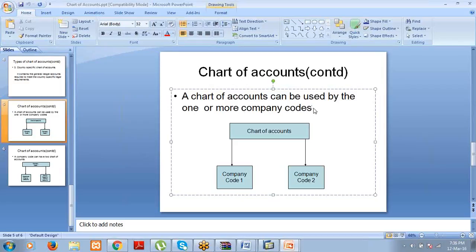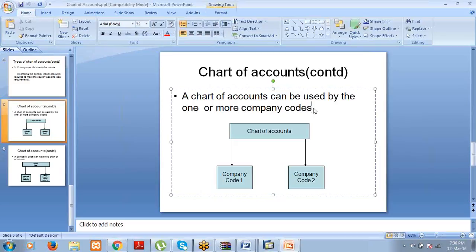So when several company codes use the same chart of accounts, the GL account number, GL account name, account group, and maintenance language, etc., will be the same in all the company codes. Why so? This is the information that is contained in the chart of accounts.